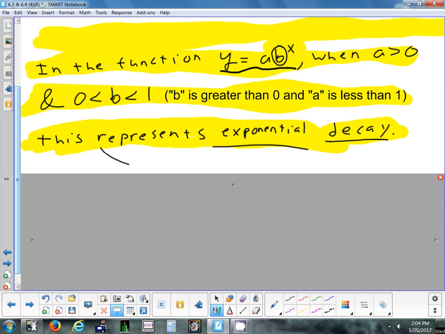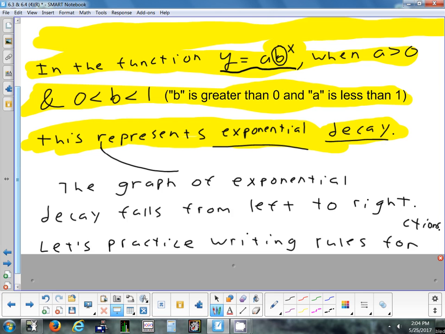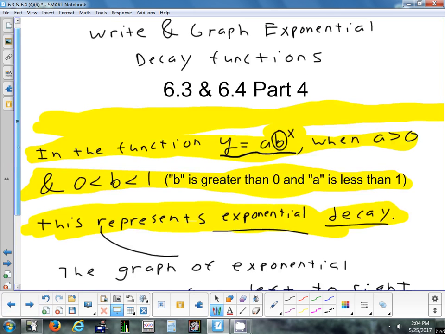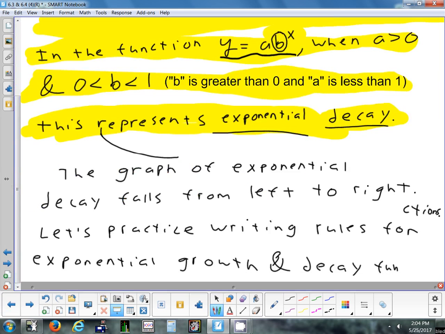It curves down. What about exponential growth? Just to show you, that's growth. It goes up. Decay goes down.